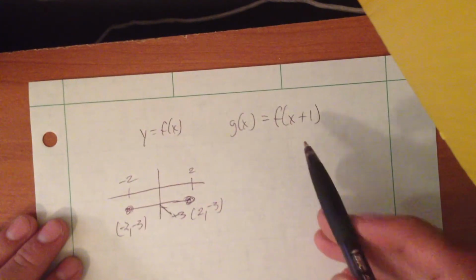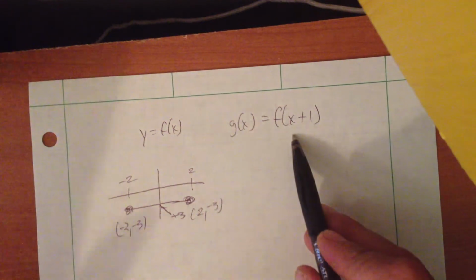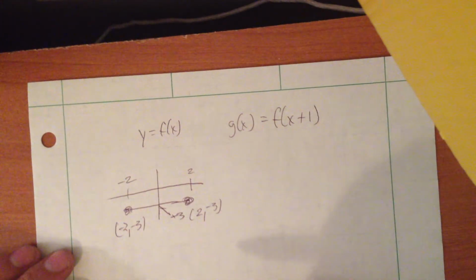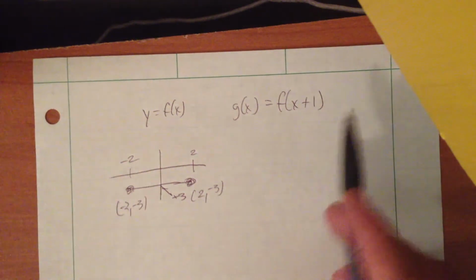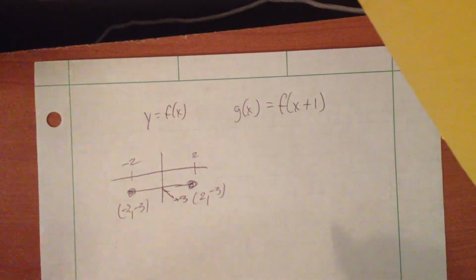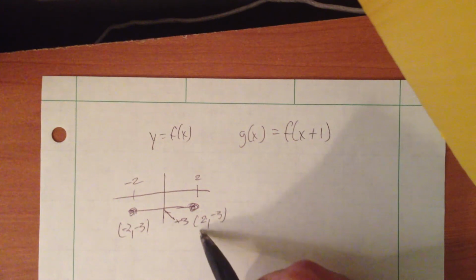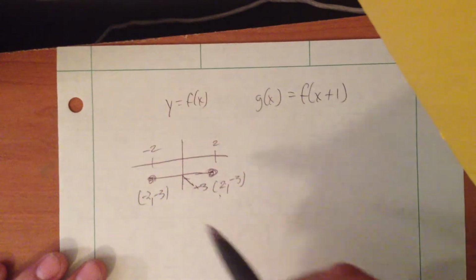Basically, what we know for g of x is that it's going to transfer to the left 1. It's not going to go up or down, it's just going to transfer to the left. So x is going to change, not y. You subtract a unit from your x's.